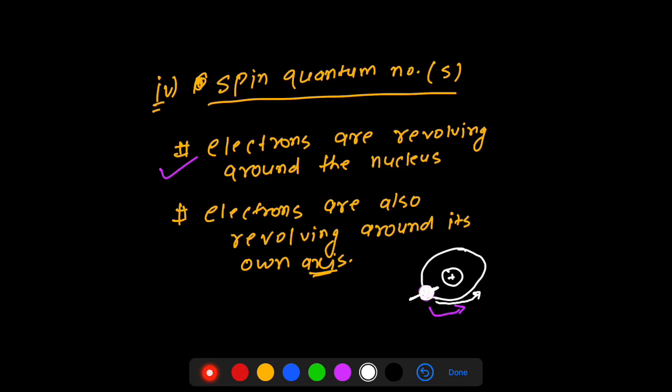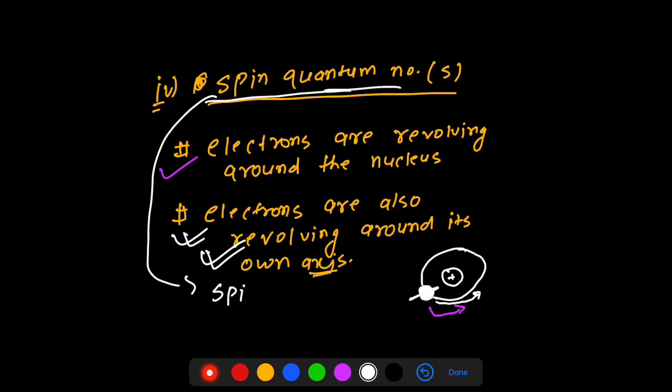It is revolving around the nucleus, but it is also rotating along its own axis. That is the second statement. Now, what does the statement mean? The spin quantum number deals with this, the spin of the electron, which is revolving around its own axis.